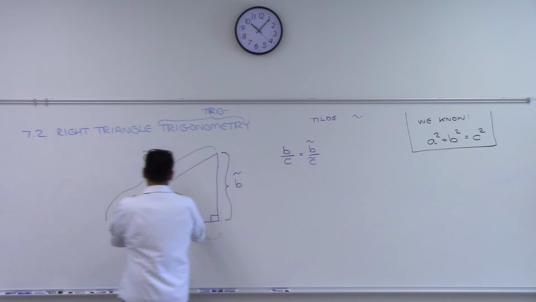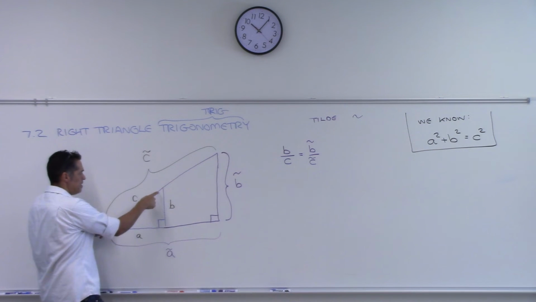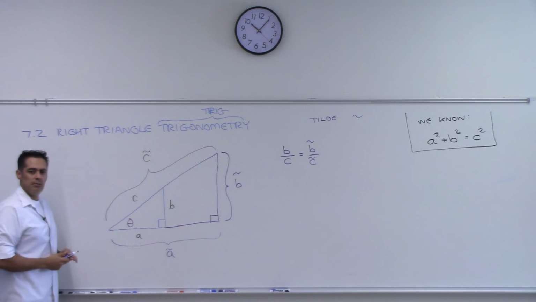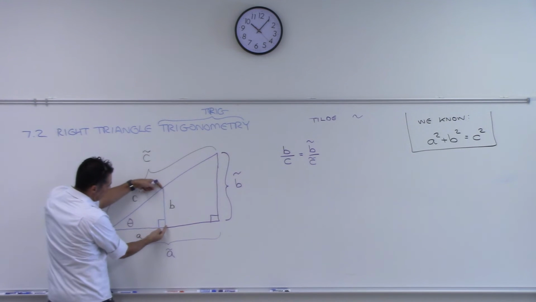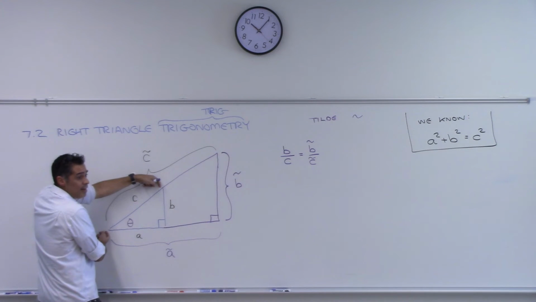So if you take this side of this right triangle and divide it by this side, it's the same as taking this side of this right triangle and dividing it by this side. You follow? Take this side of the blue triangle and divide it by the hypotenuse from here to here. Whatever that ratio is.